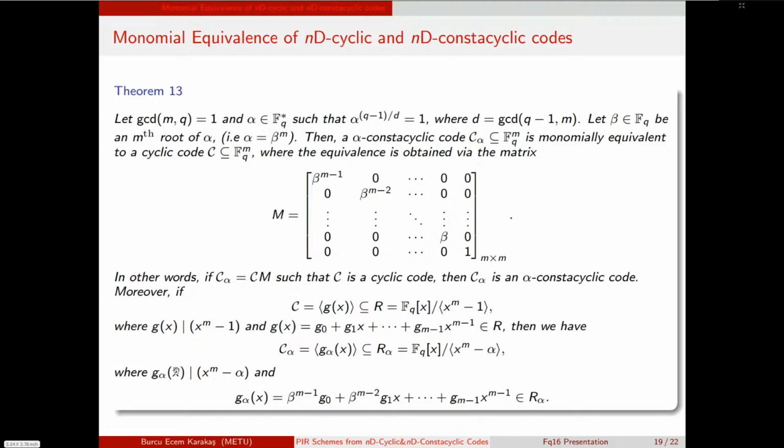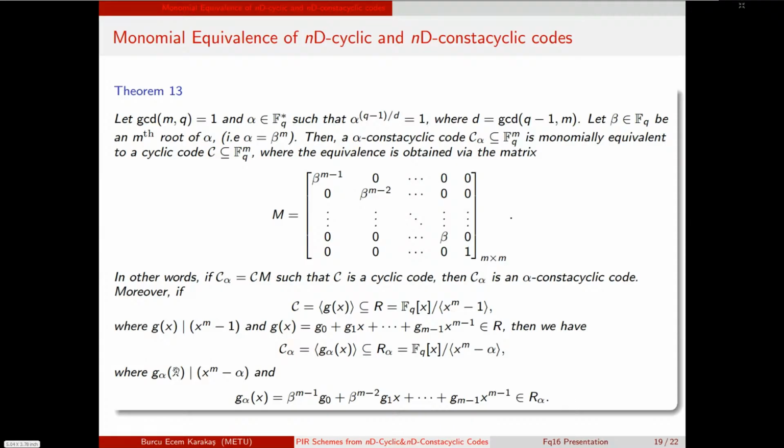So to satisfy this property, we need to satisfy this equation from the finite field group. By satisfying this relation, we get this M matrix, which is satisfied with ones. Therefore, alpha-constacyclic codes and cyclic codes are monomially equivalent.